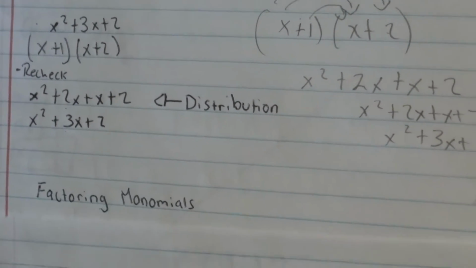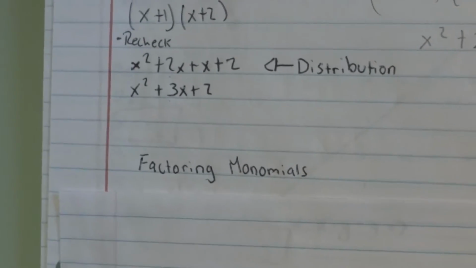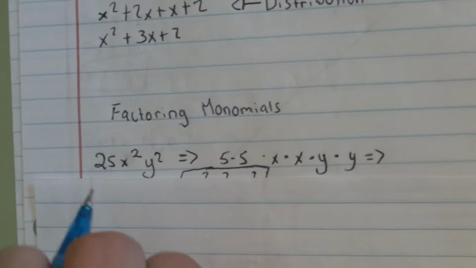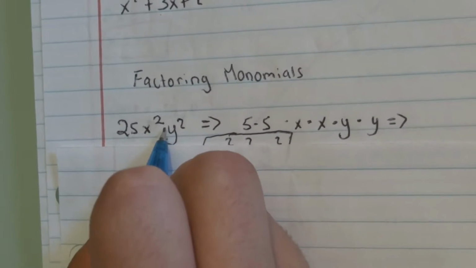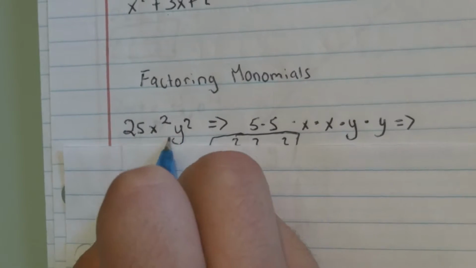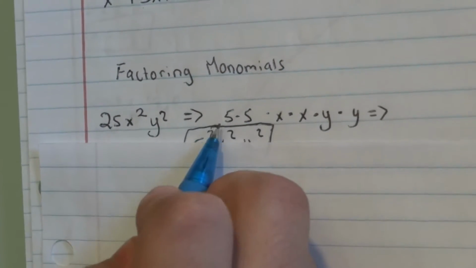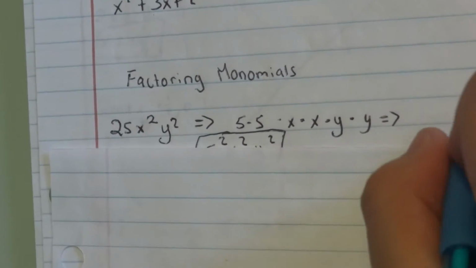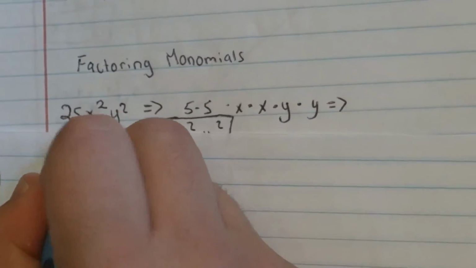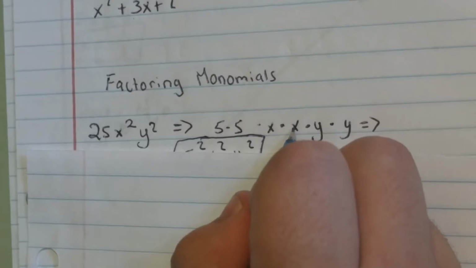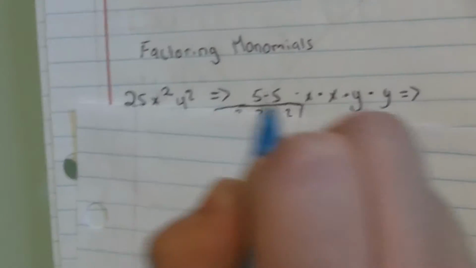Rechecking. Our next example is going to be factoring monomials. When you have an example like this, which is going to be 25x squared times y squared, you always have to rewrite it using the factors to it. So we know 5 times 5 is 25, and x times x is equal to x squared.